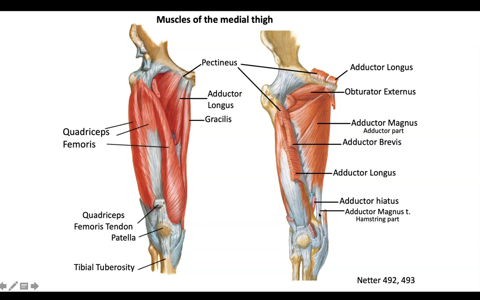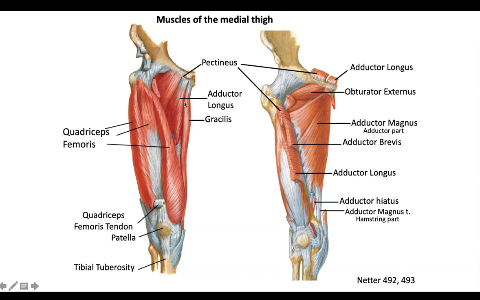In between the attachments of these two different parts, this gap or hiatus is called the adductor hiatus. And you can see the femoral artery and femoral vein passing through the adductor hiatus. From the adductor canal, they pass through the adductor hiatus and are going to enter into the popliteal fossa.